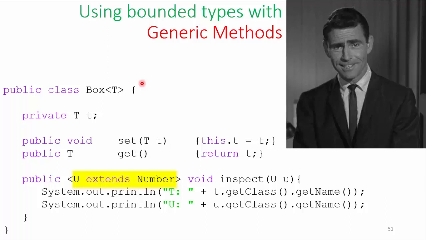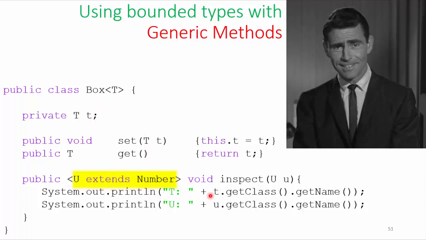And now in the lowest part of the slide, we are introducing our generic method. So it's a public void inspect method. Don't let the name fool you. It's not doing anything really semantically relevant to the concept of box. It's just going to allow us to display some information about the data type of our field t, lowercase t.